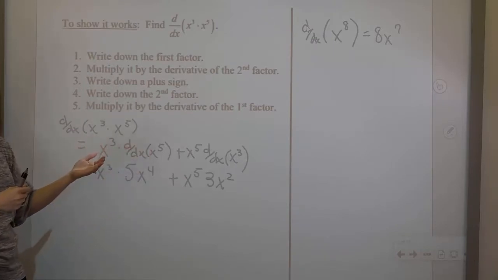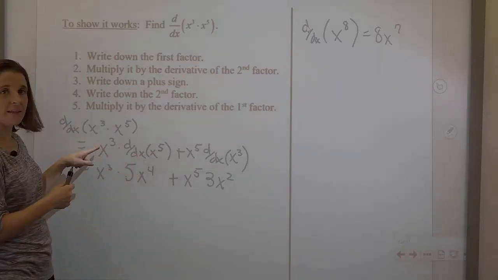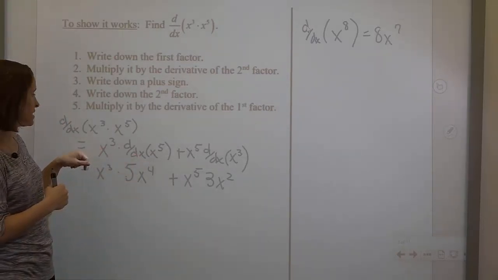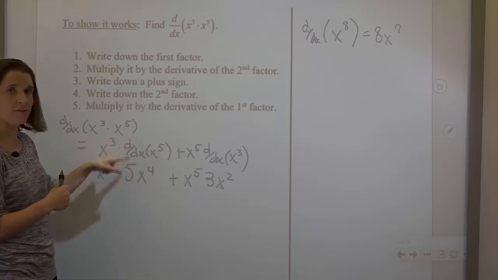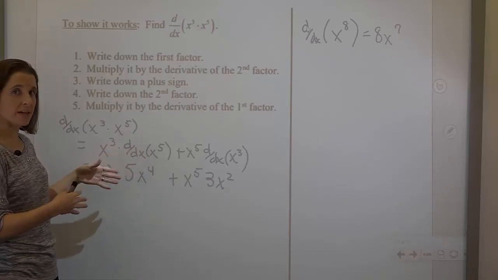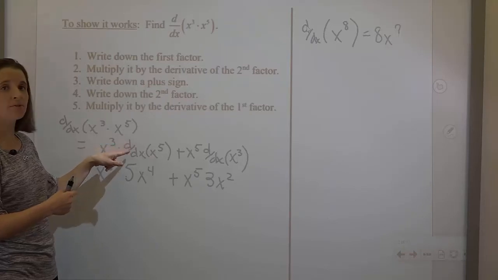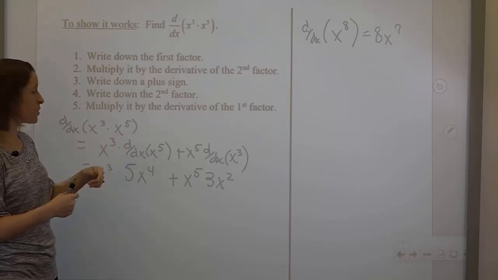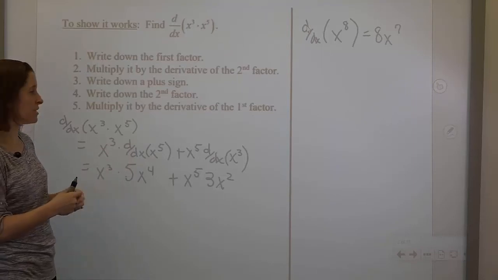That's why that d/dx notation is so important, because I knew I didn't need to do anything here because it didn't have a d/dx. But here I needed to take the derivative because I did have the symbol d/dx. And once I took the derivative, that symbol is gone because I've done it. If you're not being consistent with your symbols, you might never take a derivative when you're supposed to, or you might take it too many times because you forget that you already did.